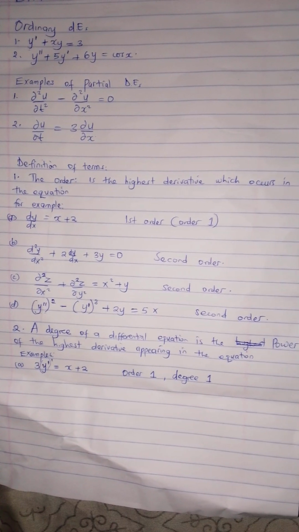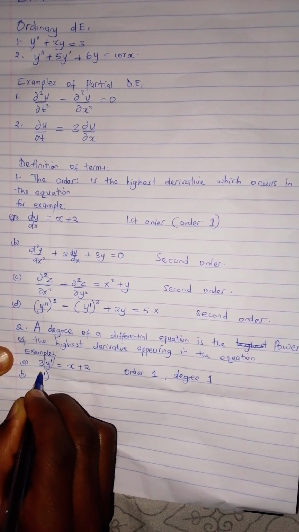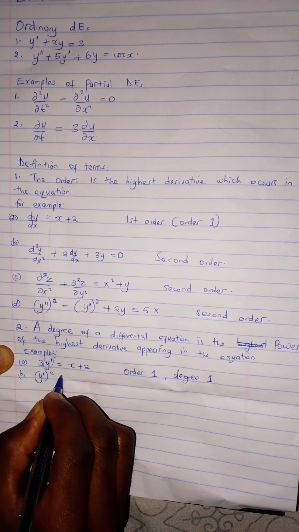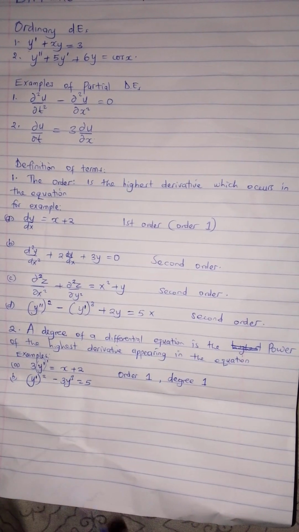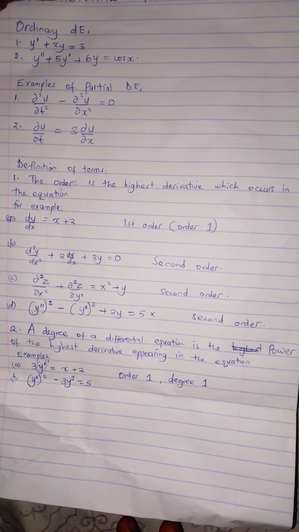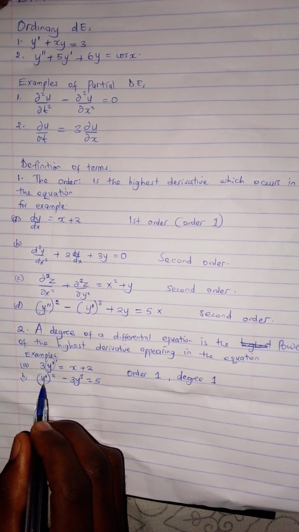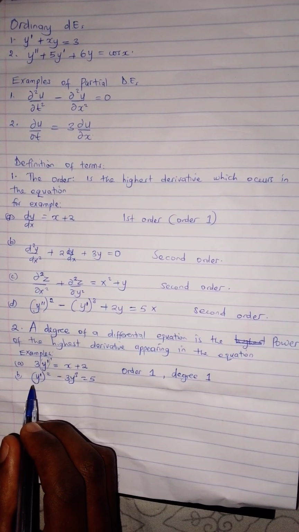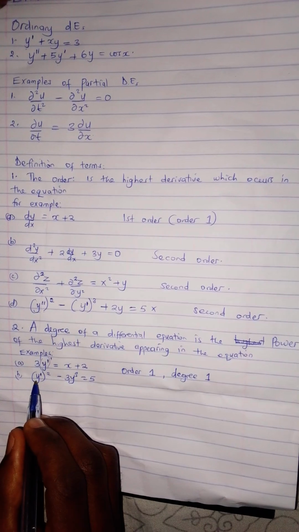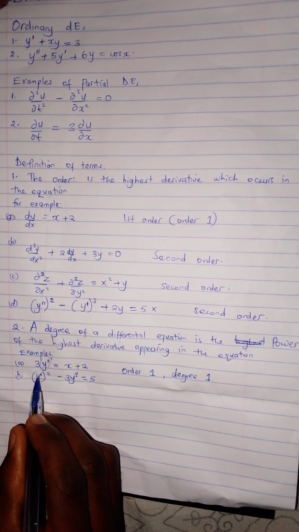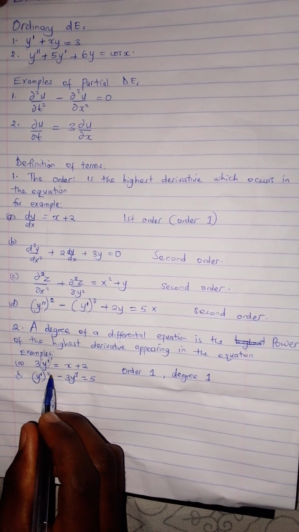Then we can have another example, which is the first derivative of y squared minus 3y cubed equaling 5. Now, in this equation, y was differentiated for the first time. We don't have the second derivative, we don't have any other derivative. So the highest derivative is the first derivative here, and its power is 2.